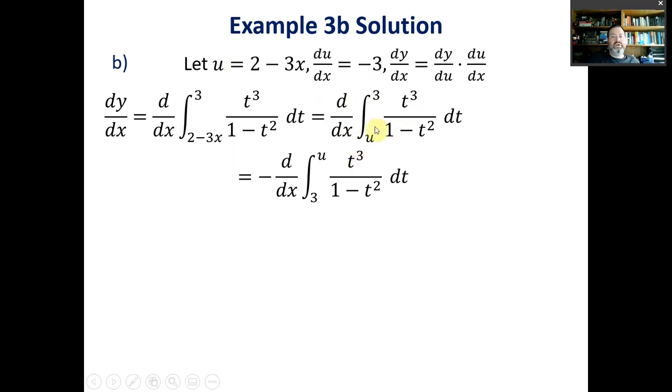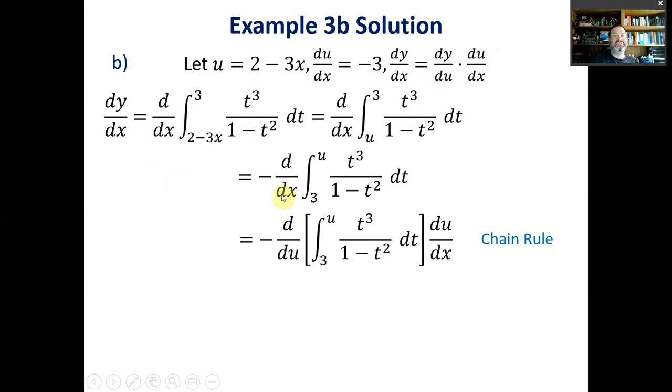Next thing we do, I reverse the limits of integration. Here it went from u to 3. Here I switched it to go from 3 to u. And I put a negative out front using the property from section 4.2. There's a property that lets us do that. Notice that nothing else is different here. Now I'm going to try to use this chain rule.